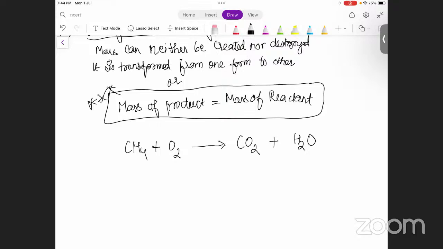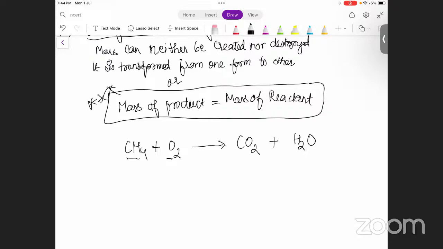Now, if you don't want to go that way and you see a reaction of a hydrocarbon with oxygen, the method I'm going to tell you is for balancing the reaction in which you are burning any hydrocarbon, that is, a compound that has carbon and hydrogen only, reacting with oxygen.